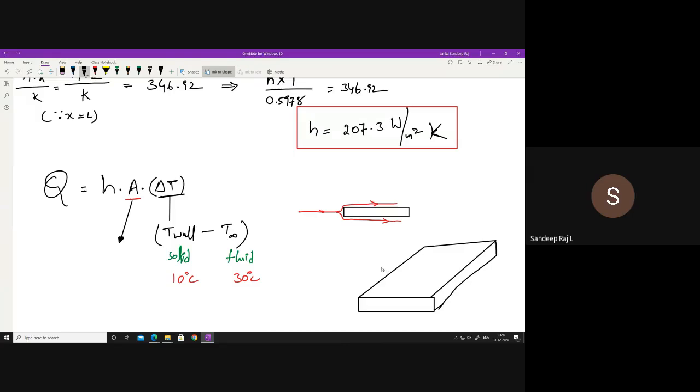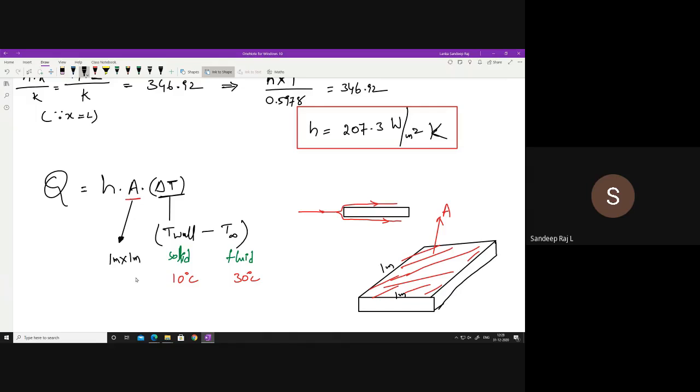It is like this, and this is 1 meter, and this is also 1 meter. So the area is the top area. This whole area should be taken, since it is the area with which the fluid is interacting. In this case, it is 1 meter by 1 meter.